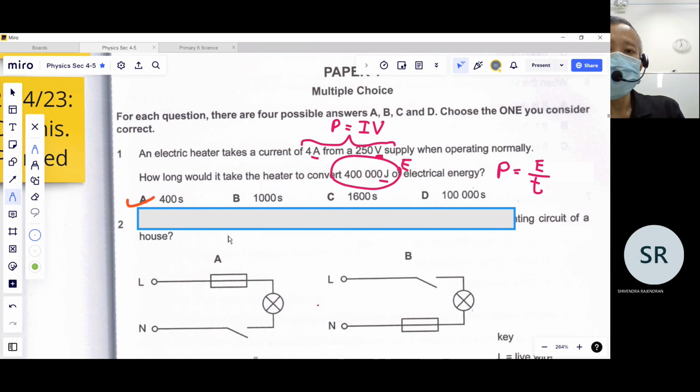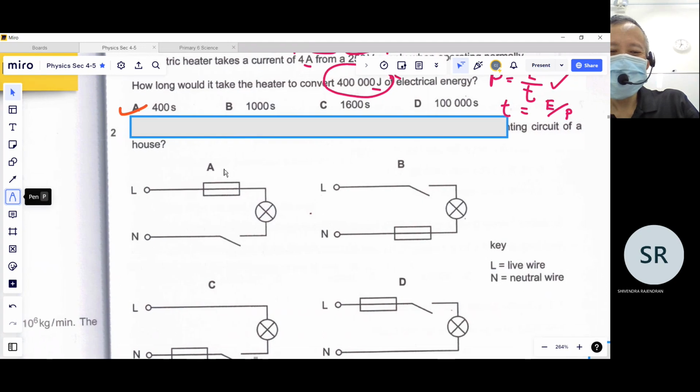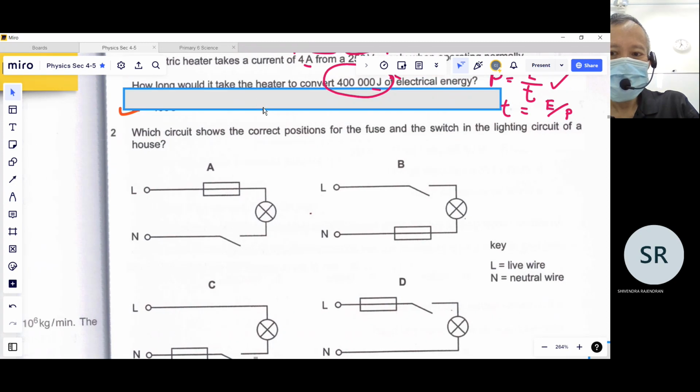So essentially, you're only using this formula and this formula. And of course, you want to solve the time. But you have to try it out later. Number two, everyone should get it right.